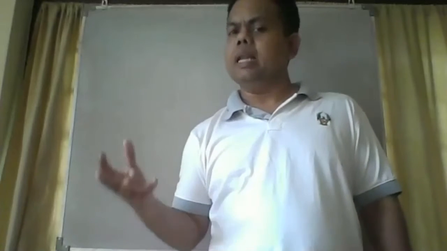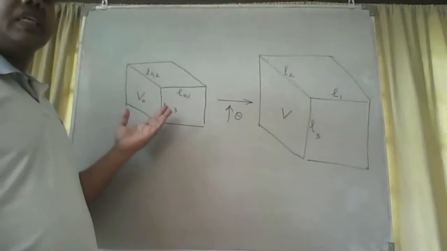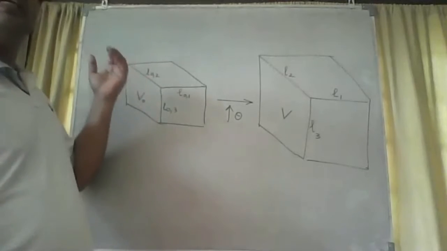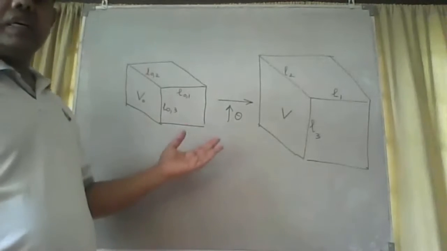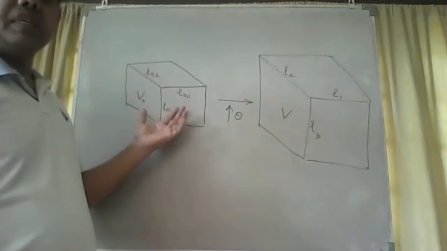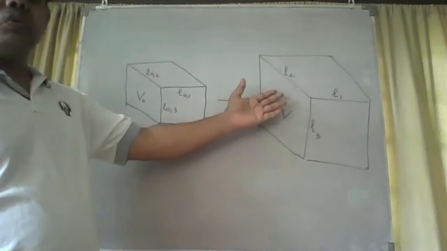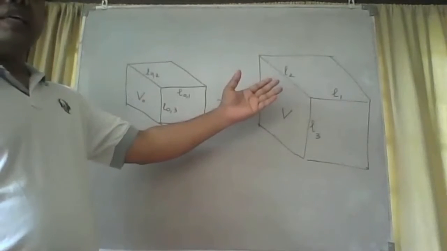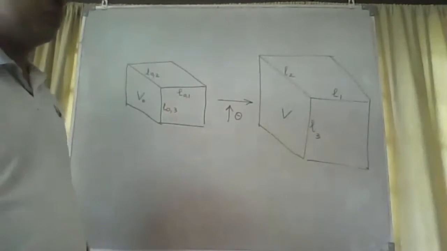Now let's find out the relationship between linear expansivity alpha and volume expansivity gamma. Consider a cuboid whose side lengths are L01, L02 and L03 respectively. If we increase the temperature by theta degrees Celsius, the volume will expand to V. Now the side lengths of the cuboid will be L1, L2 and L3 respectively.